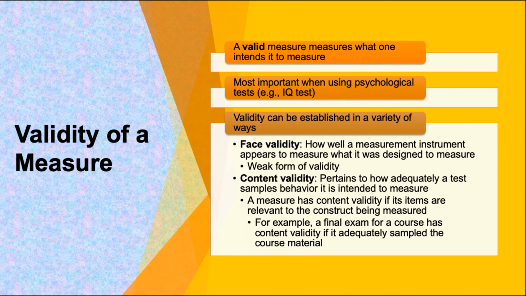An employment test would have content validity if it adequately sampled from a large set of job-related skills. Finally, a test designed to measure assertiveness would have content validity to the extent that it adequately sampled from the population of all behaviors that would be judged as assertive.